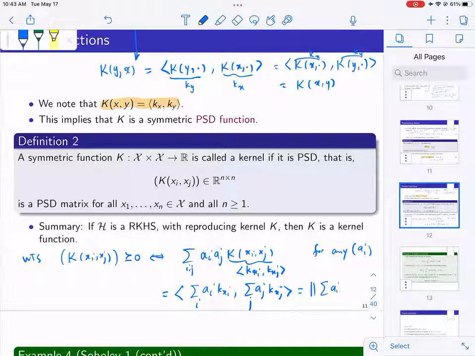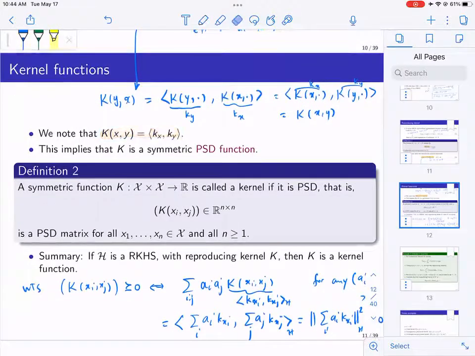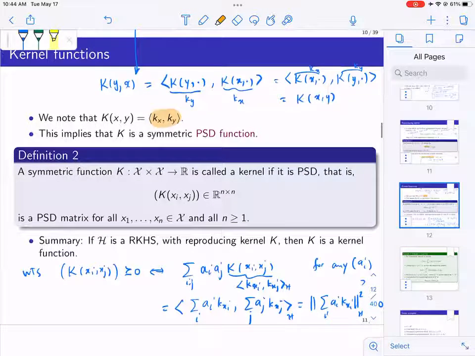The norm squared of this guy, and this is definitely non-negative. So these are in the Hilbert space. The fact that I can write the kernel as an inner product of these kernel representers immediately means that any kernel matrix that I construct is positive semi-definite, and that's the definition of a positive semi-definite function.